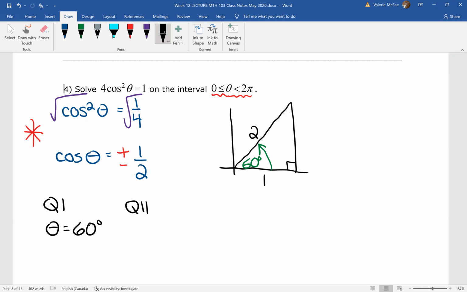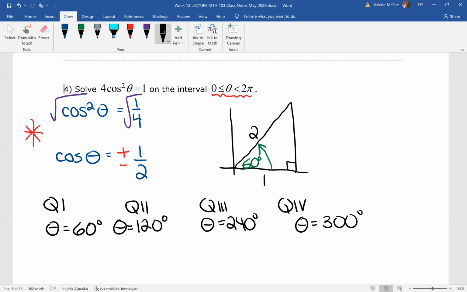Well, you should know we're going to have the same triangle with the same reference angle. Theta will be 60 degrees less than 180. What about in quadrant 3? Same triangle, 60 degrees more. Quadrant 4, same triangle. Find all of the solutions for theta in each quadrant. And of course, we were given an interval in radians, so your answer needs to be in radians here.